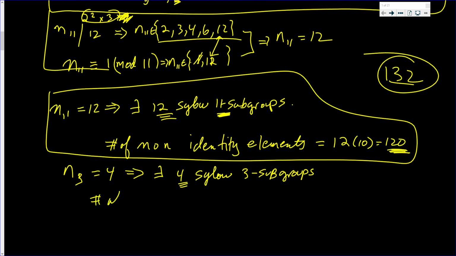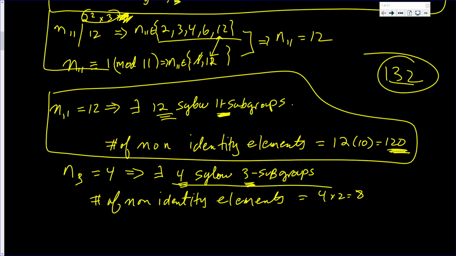So, the number of non-identity elements from these 4 Sylow 3 subgroups is, well, there's 4 of them, and they each have 3 elements, but one of which is always the identity.